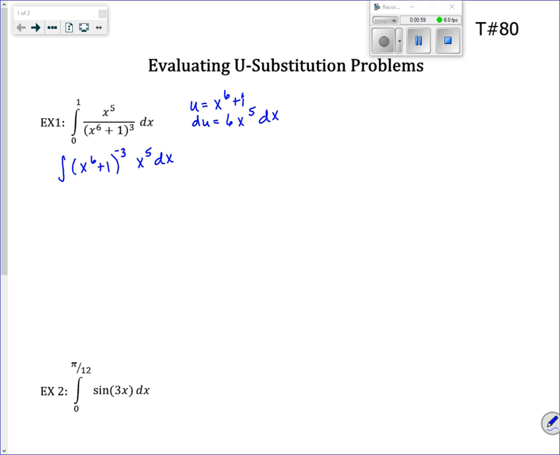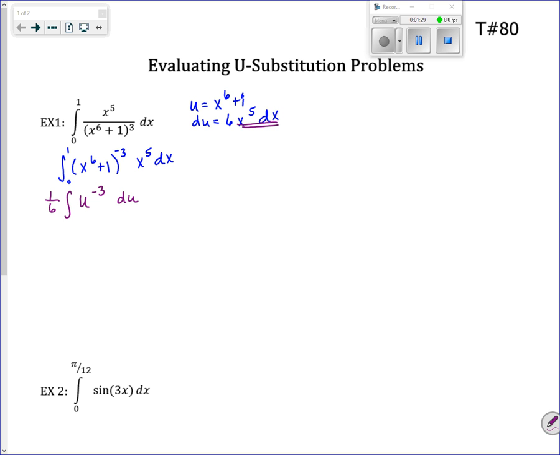Okay, I'll write these bounds, but I want to be very clear on the next line, because when I do the u sub, this would of course be u to the -3. Now x to the 5th dx is going to be du over 6. So I'm going to put du and a 1/6. Notice that I do not write the bounds there.